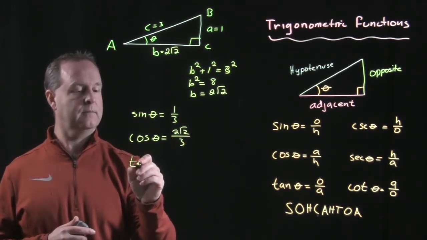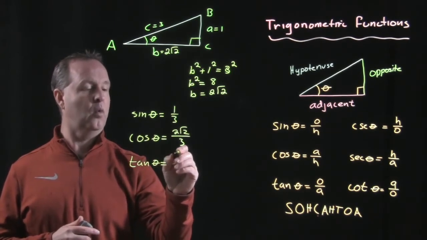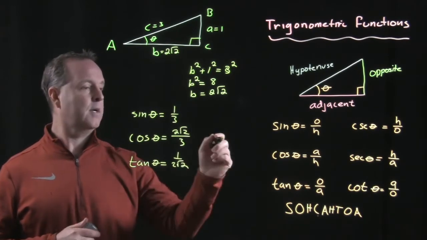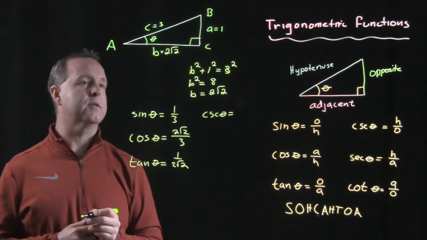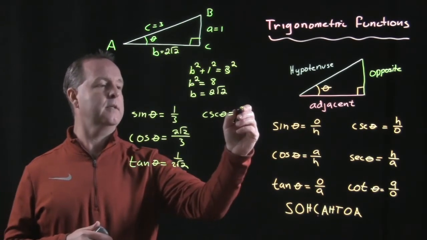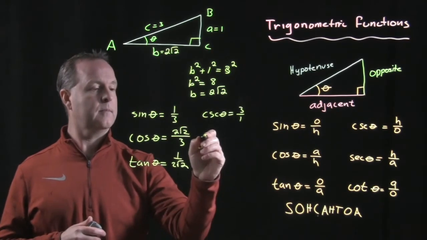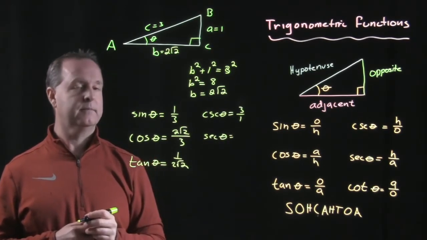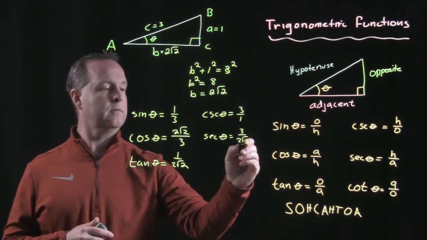Tangent is opposite over adjacent, so that's 1 over 2 root 2. Cosecant equals hypotenuse over opposite, 3 over 1, or just a 3. Secant of theta, 3 over 2 root 2.